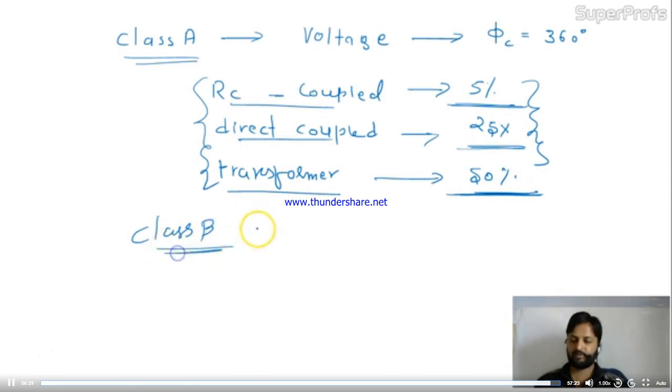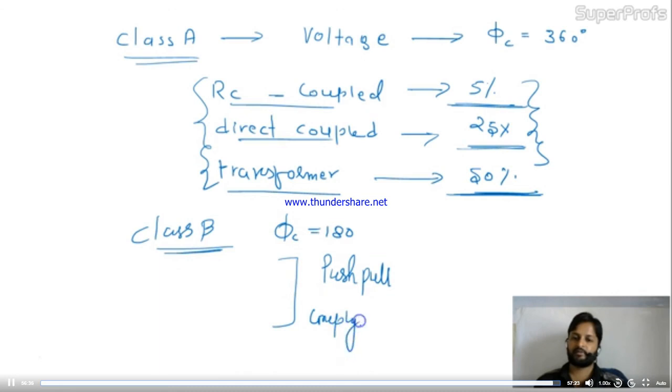Now if we talk about the class B amplifier, the conduction angle is 180 degree. Okay. And it also had 2 types. The circuit was the push-pull arrangement, and secondly the complementary symmetry pair. And the maximum efficiency over here was 78.5%.